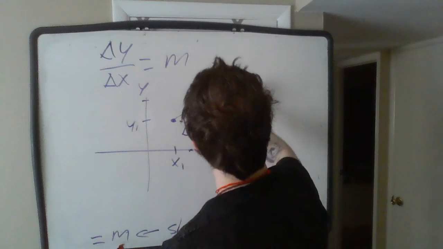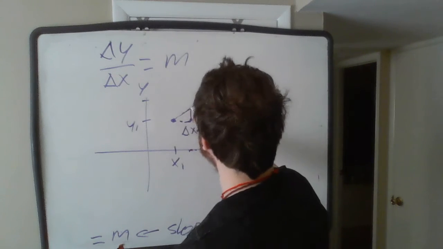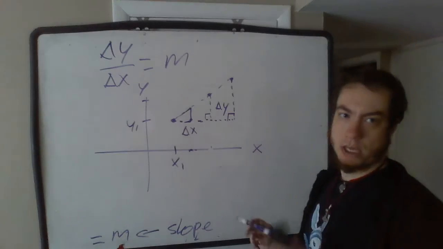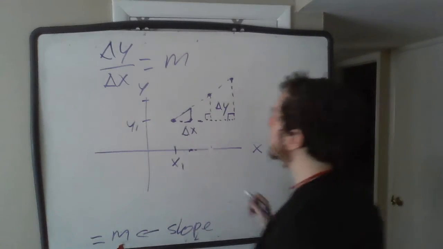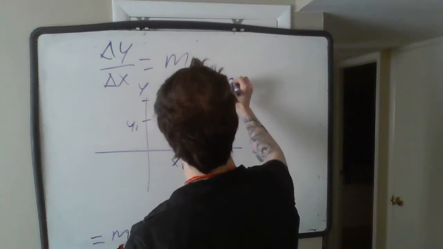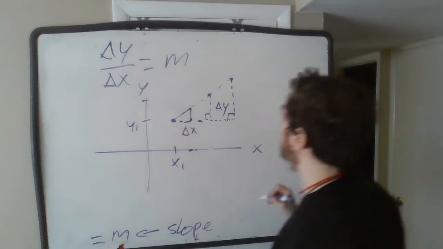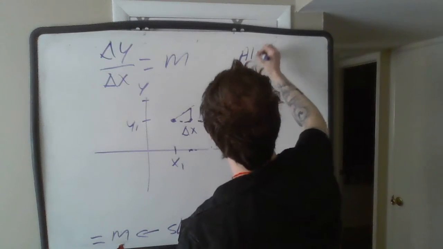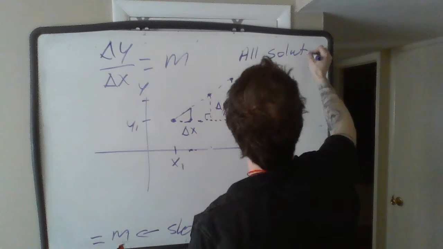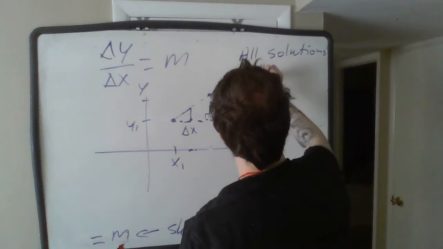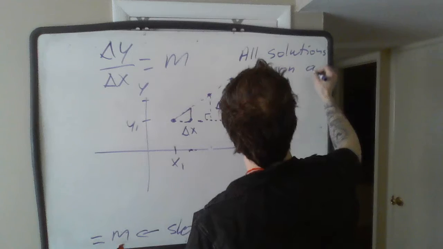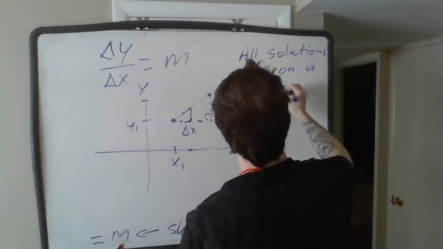But if all of these points lie on the vertices of similar triangles, then what that means is all of these points lie on a straight line. So this means that all solutions lie on a single line.